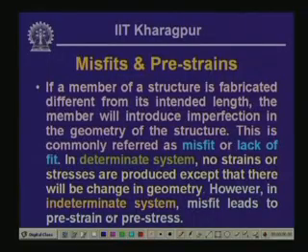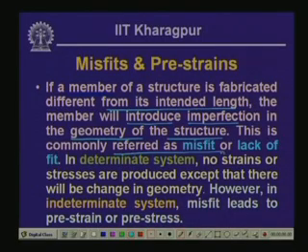And thereby, please note that if a member of a structure is fabricated different from its intended length, then the member will introduce imperfection in the geometry of the structure. Now, this is commonly referred as misfit or lack of fit. Now, for a determinate system, no strains or stresses are produced, except that there will be change in geometry. This aspect I had discussed last time.